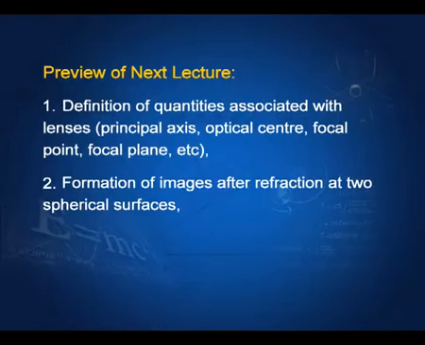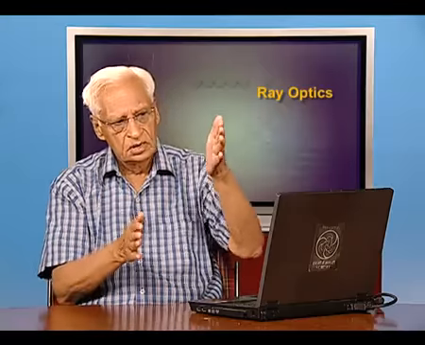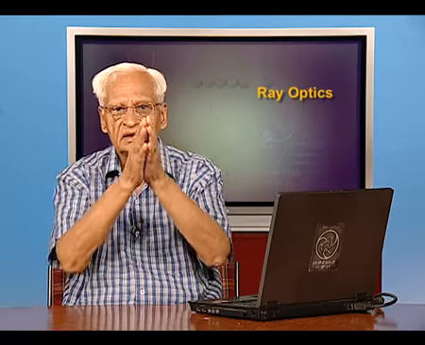And we shall also see how the images are formed when there is a refraction at two spherical surfaces. And we shall also derive lens maker's formula for the focal length of a convex or a concave lens. And we will draw a lot of ray diagrams to show how images are formed by lenses.